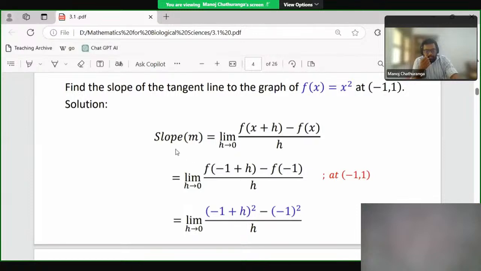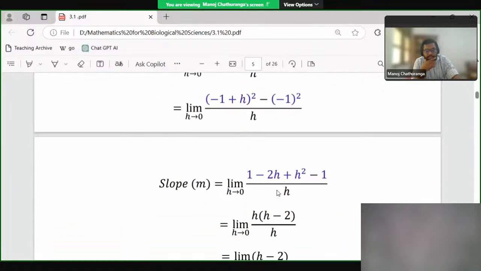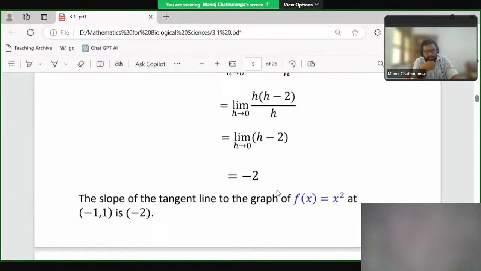Slope of the tangent line is the limit as h goes to 0 of f of x plus h minus f of x divided by h. For this function, f is the square function, f of x equals x square. And at this particular point, x equals -1. So you substitute everything you know, simplify and evaluate the limit.